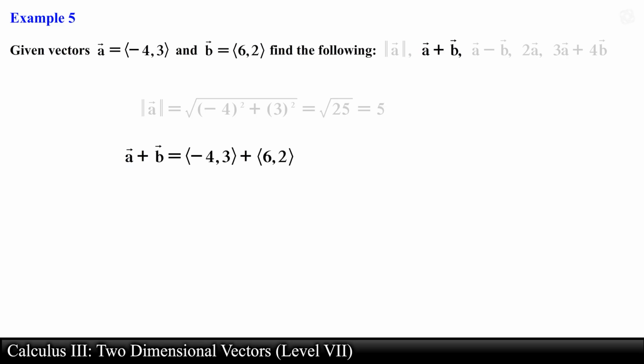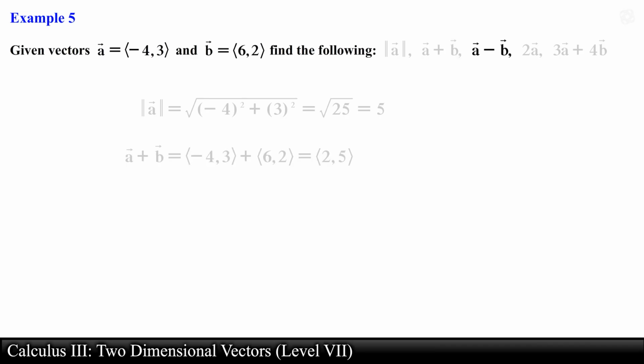So we add each of the vector's x components together, which results in 2, and we add each of the vector's y components together, which results in 5. The sum of vector A and vector B yields a vector with components equal to 2 and 5.